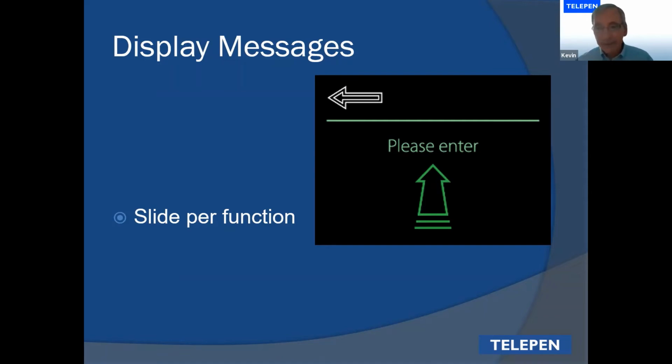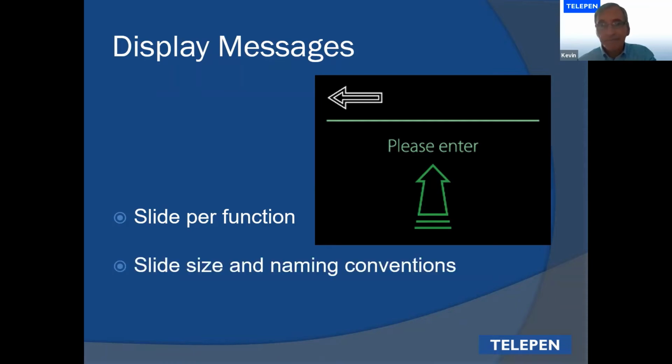So you can change any of these slides. They're all JPEGs. You have to bear in mind the pixel size, and the naming convention that exists within the SD card.